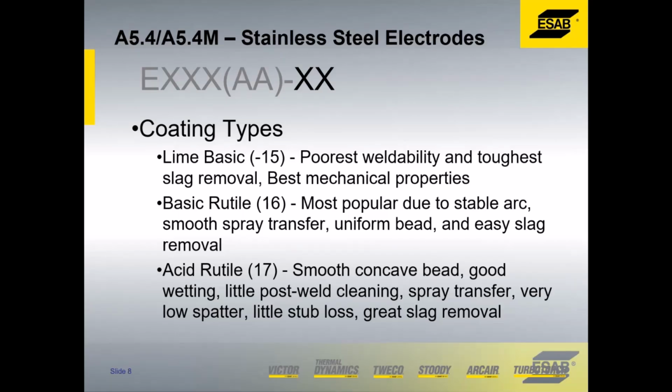Both have very good performance and good slag release, and we're seeing that historical divide between North America and Europe kind of phasing away. A lot of people in North America are moving towards the 17 type, as it has a little bit better weld appearance.